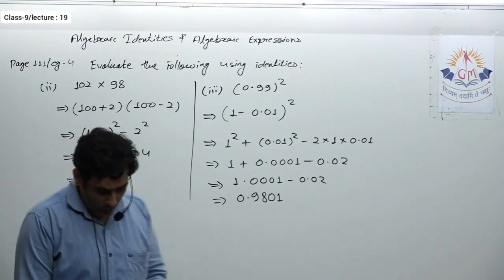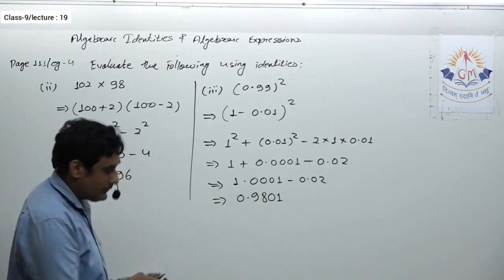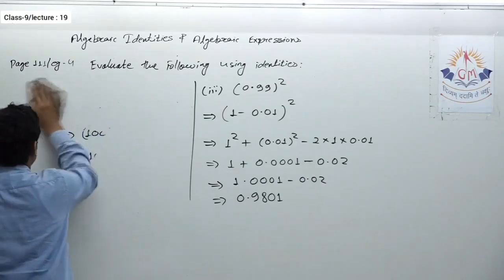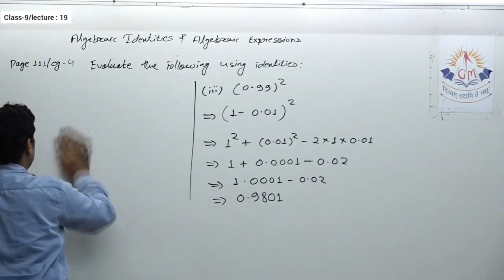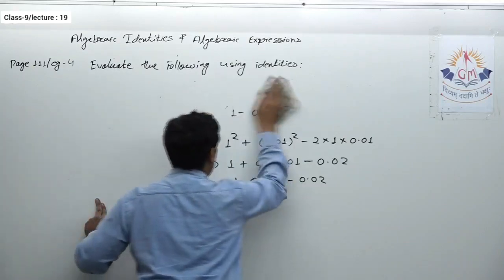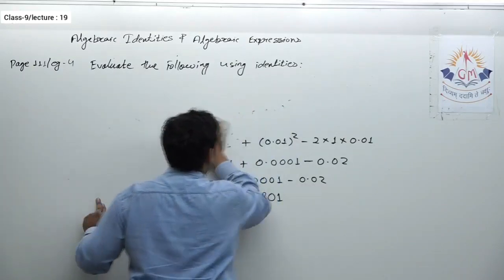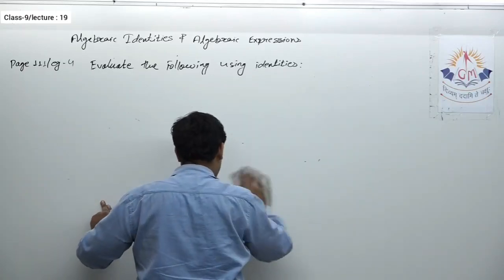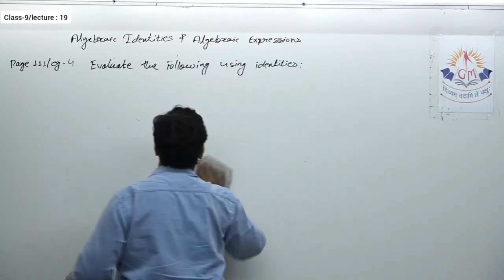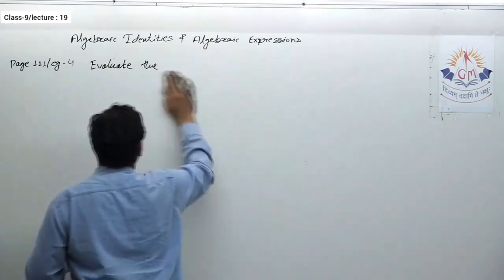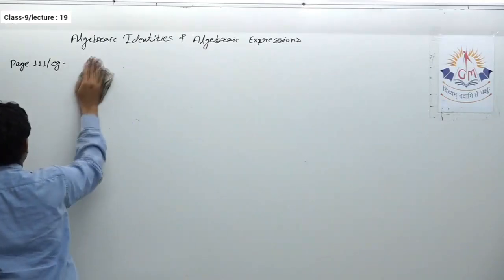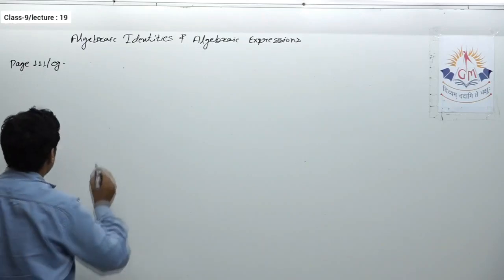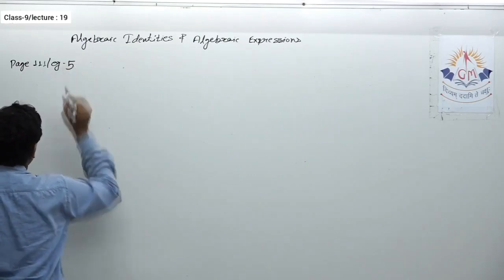Okay, so now we'll come to the next category of questions. Example number 5. Very important questions.